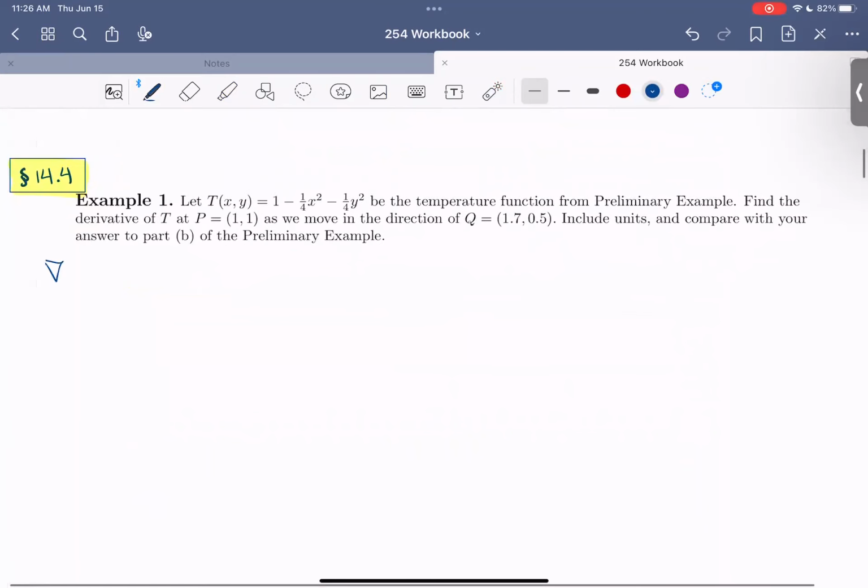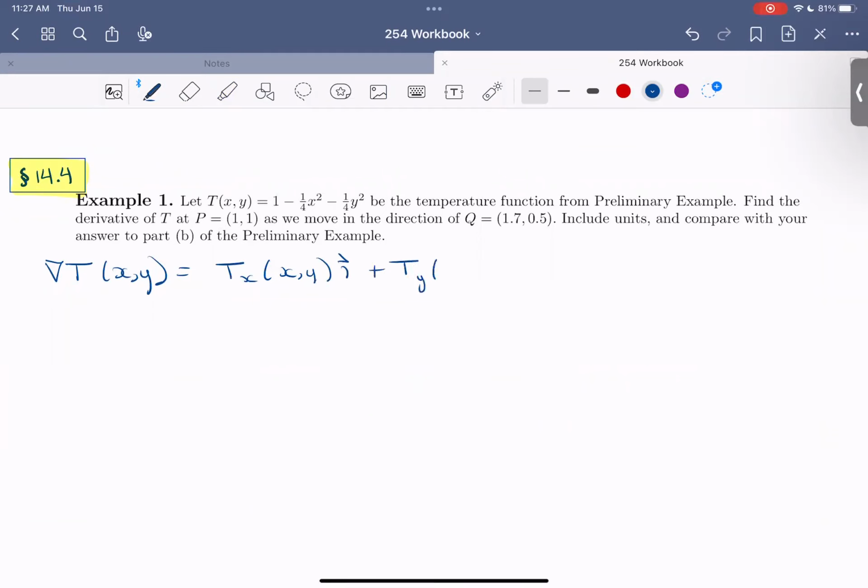First of all, the gradient of T at (x, y): we've already computed this in part A of that preliminary example. It was the partial with respect to x at (x, y) times vector i plus T sub y at (x, y) times j.